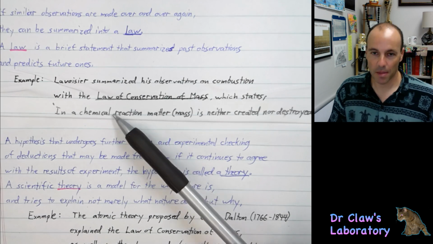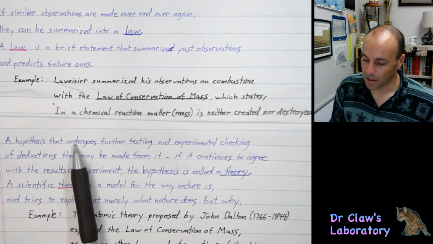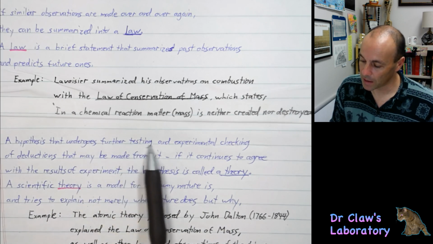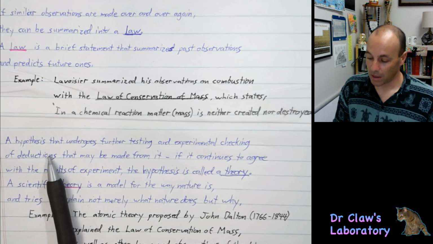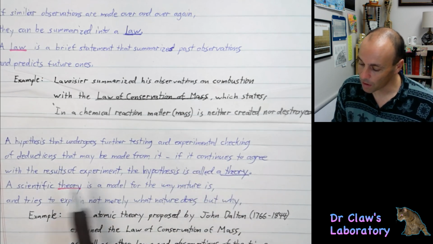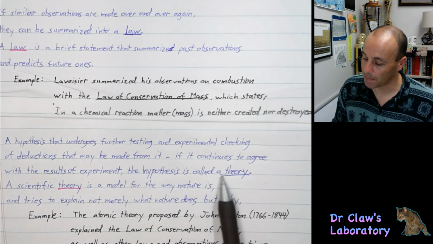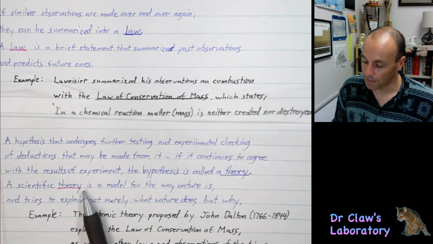Well, that's called a theory. Now, when you have a hypothesis that undergoes further testing and experimental checking of deductions that may be made from it, if it continues to agree with the results of experiment, the hypothesis is then called a theory. Okay? A scientific theory.